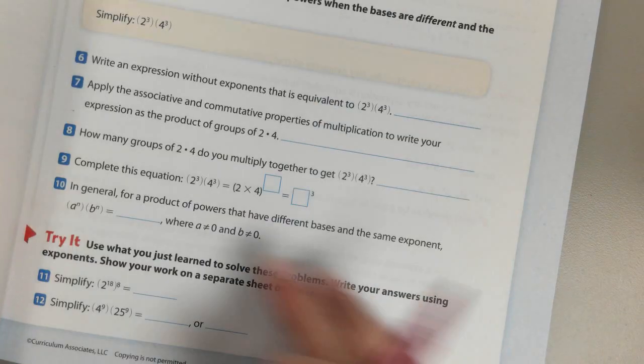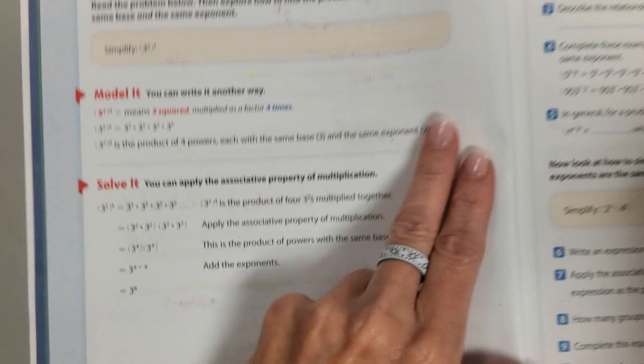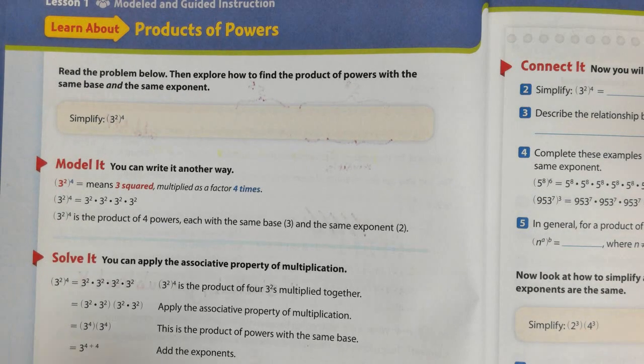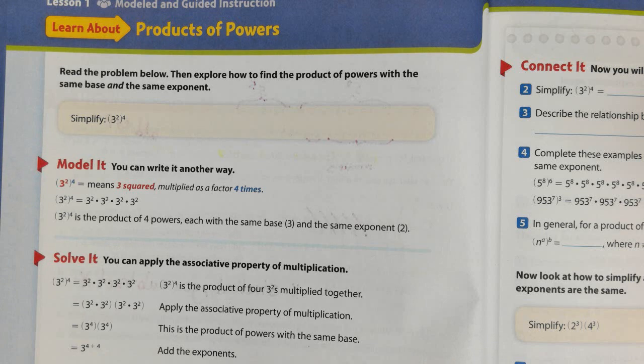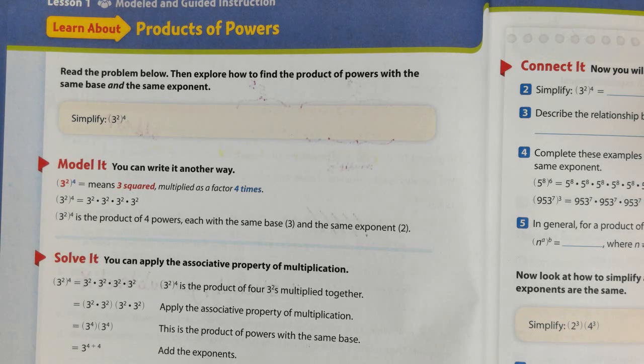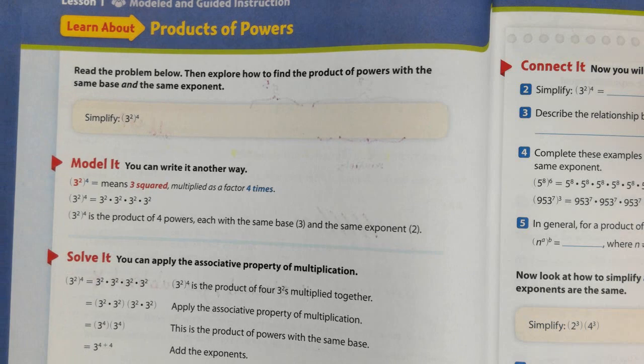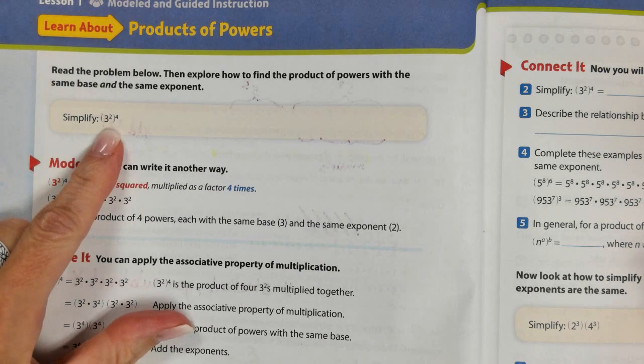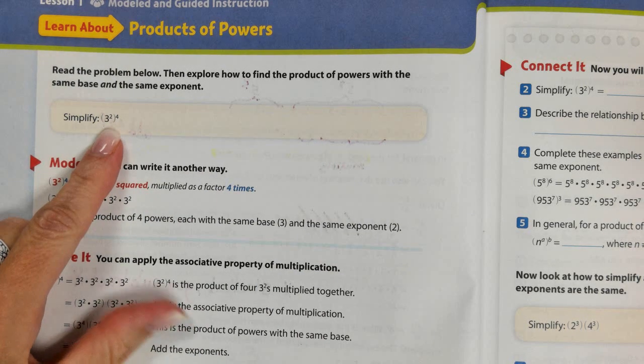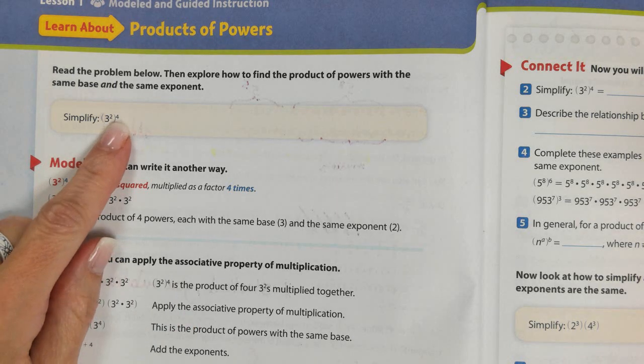All right, moving on to the next slide. All right, now this page is talking about product of powers. It says read the problem below and then explore how to find the product of powers with the same base and the same exponent. So let's look at our example. It says 3 squared raised to the 4th power.